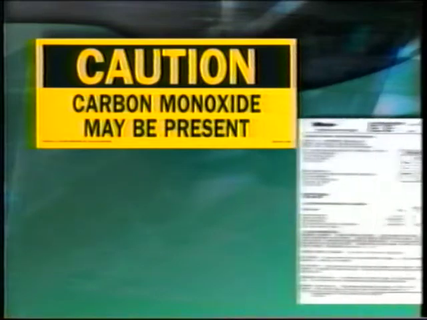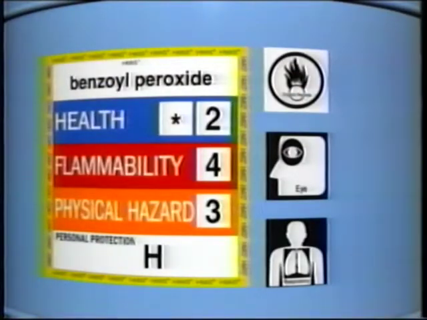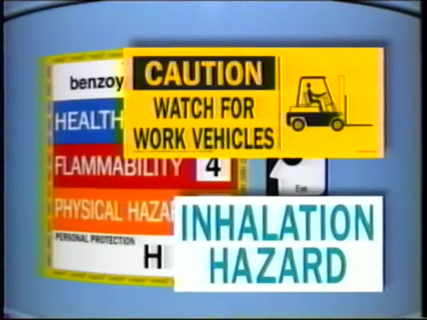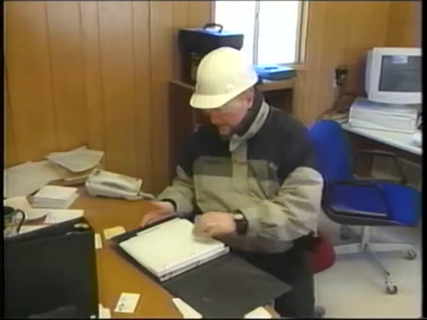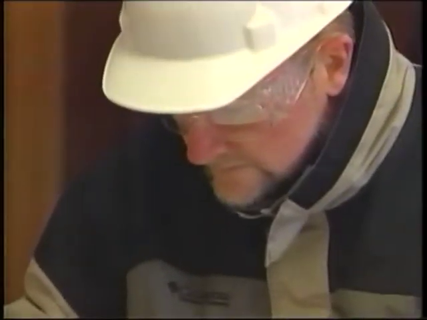Hazard communication also includes warning labels and material safety data sheets. You'll find warning labels on containers and equipment and in work areas. The Material Safety Data Sheet, or MSDS, identifies various chemicals you may encounter, for example, those found in a warehouse or storeroom.